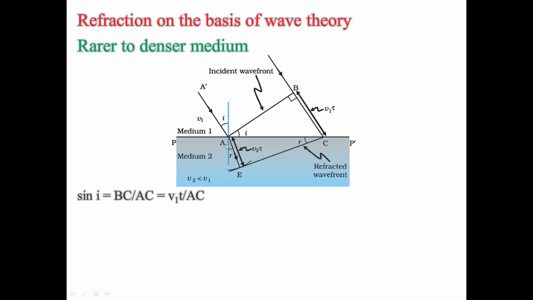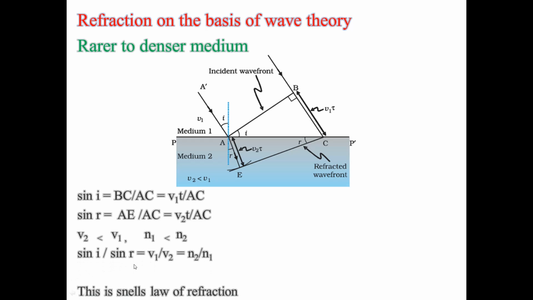So let us consider the right angled triangle AEC. Sin R is equal to AE by AC. AE is V2 into T. But V2 is less than V1 and N1 is less than N2.